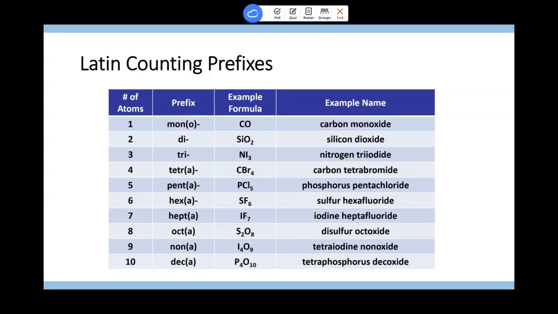And then there are 8 oxygens, so we have oct for 8, ox for oxygen, and then ide to end all of the names. Here we have 4 iodines, so tetraiodine, and then 9 oxygens, nonoxide. 4 phosphorus atoms, so tetraphosphorus, and then 10 oxygens is decoxide.